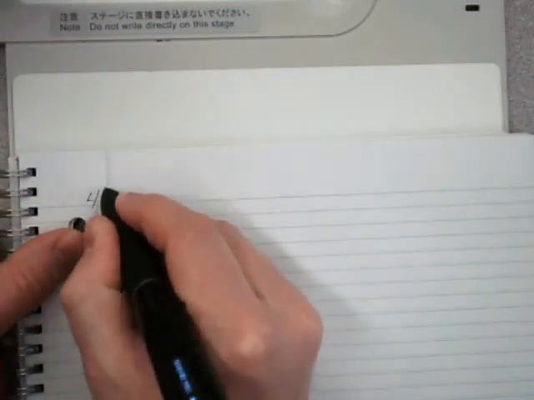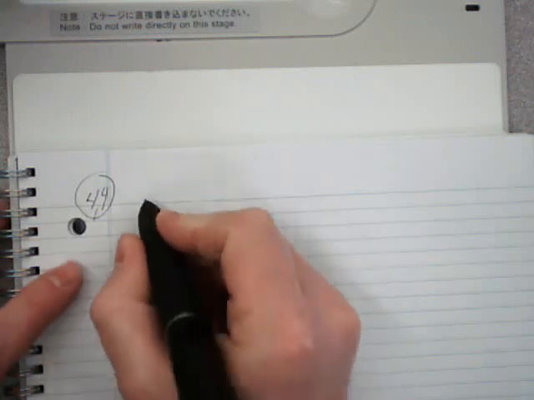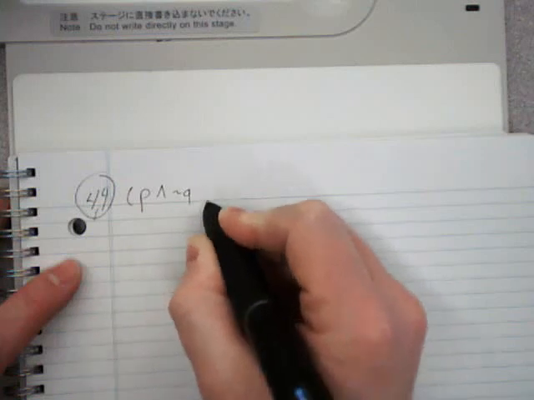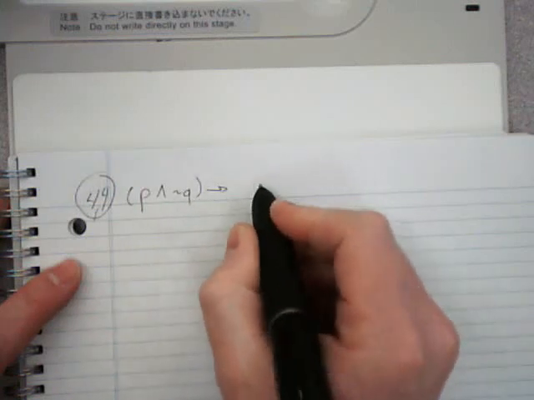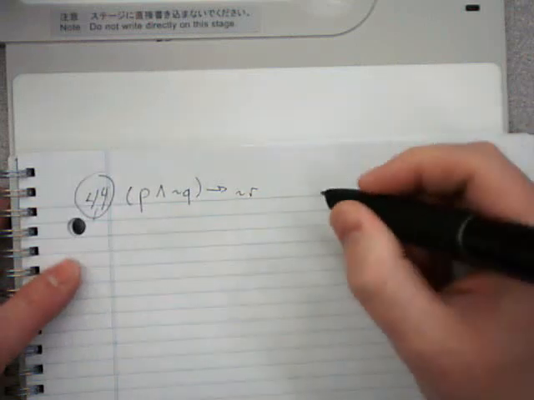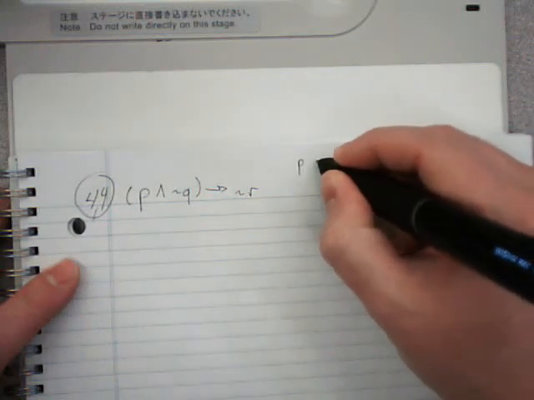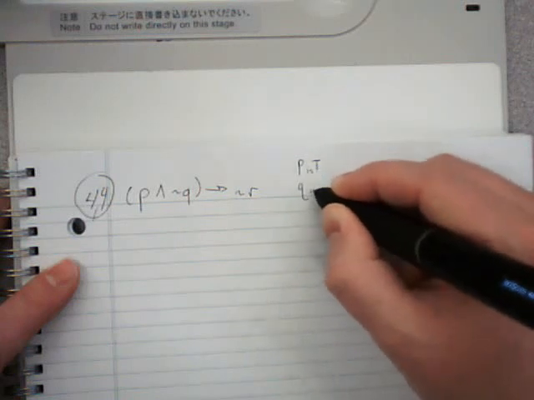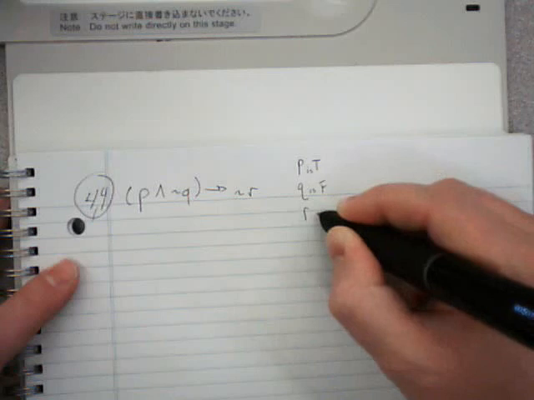So number 44, I'll write it down here on my paper for you. It says you've got P or not Q, conditional not R, and it tells you at the beginning, P is true, Q is false, and R is true.